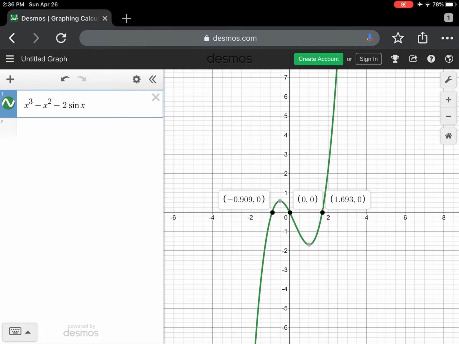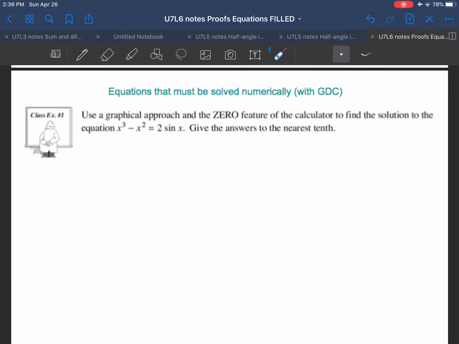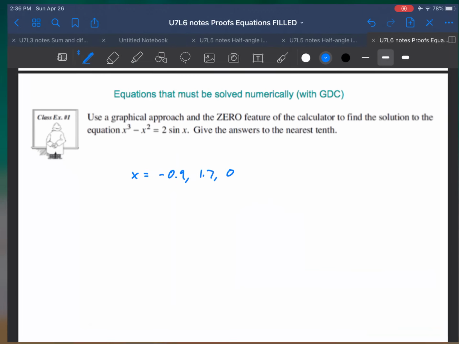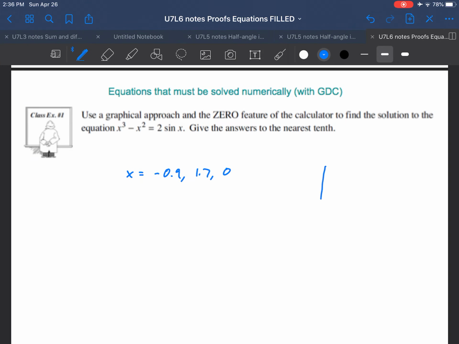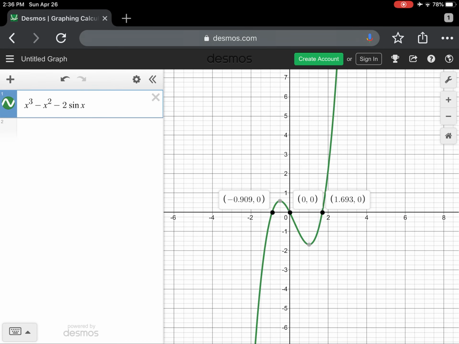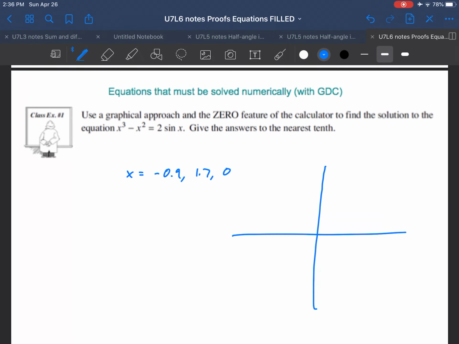Negative 0.9, 0, 1.7. Can I remember that, guys? X equals negative 0.9, 1.7, or 0. And I guess if we wanted to, sometimes IB will ask you to do this, but you could just draw a rough sketch of the graph, right?